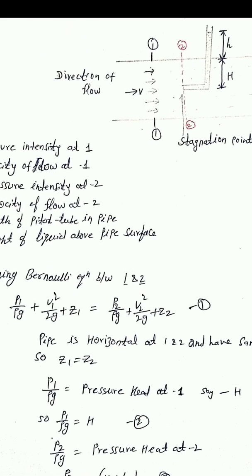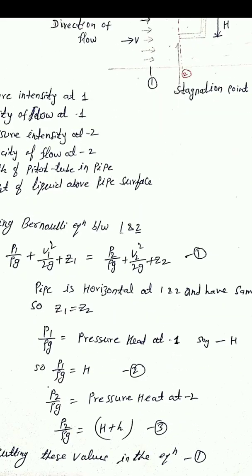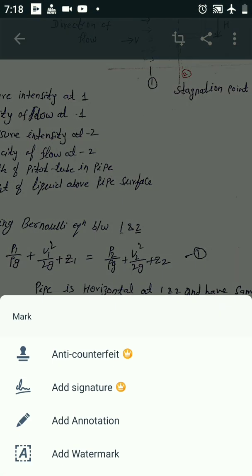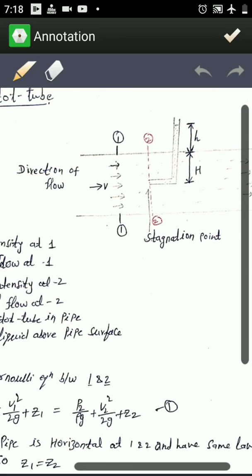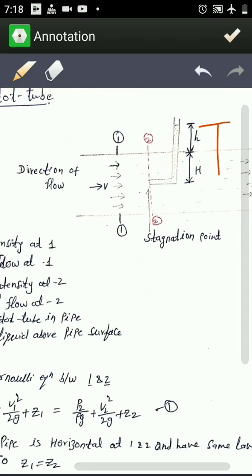So P1 by rho g is H, and P2 by rho g, the total pressure head at point 2, is capital H plus small h. We know very well that the pressure rises due to this condition, so the pressure head at point 2 is H plus h.